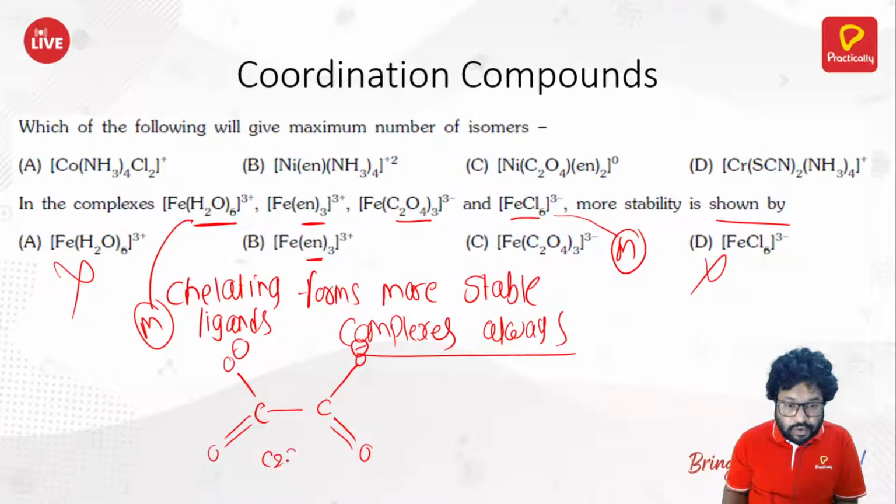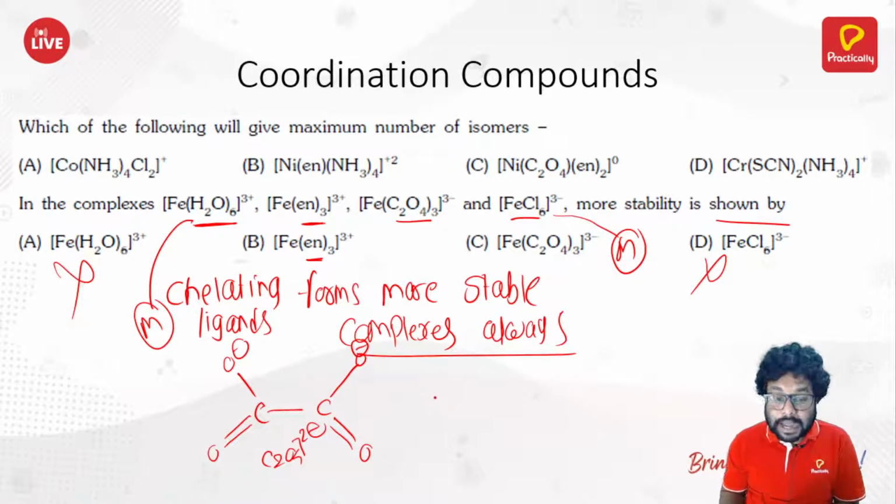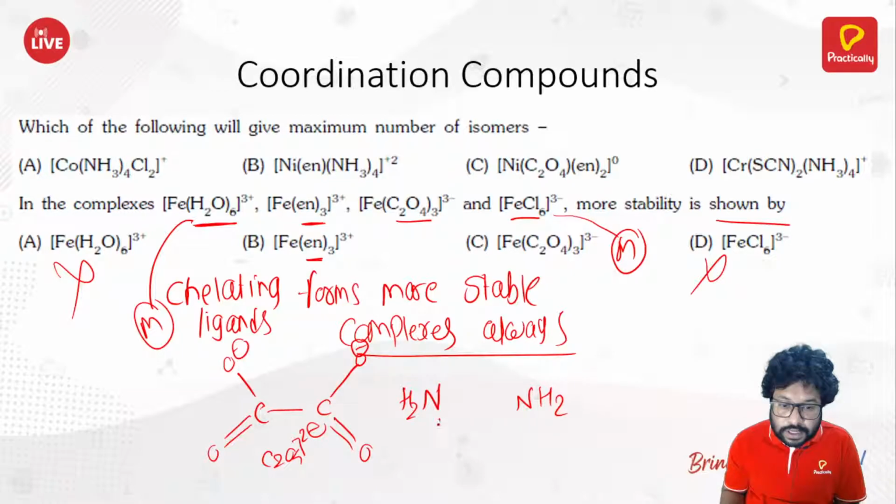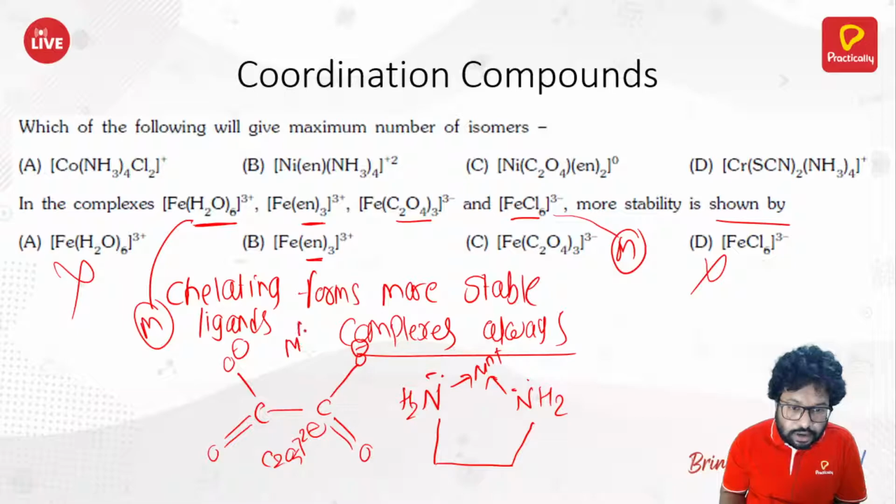That is called C2O4 2 minus. Then your ethylene diamine. How does ethylene diamine look? NH2, NH2, then you got CH2 attached here. Through nitrogen, it can coordinate to your metal like this. Here also, through oxygen, it can coordinate to the metal like this.